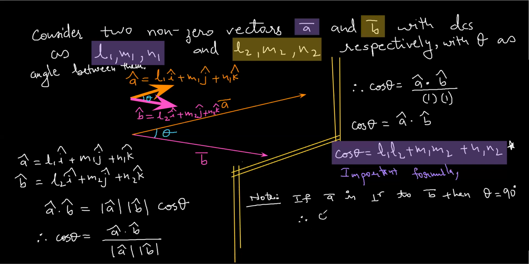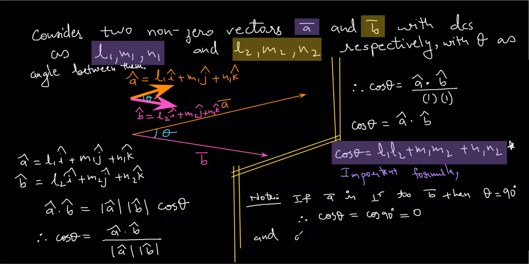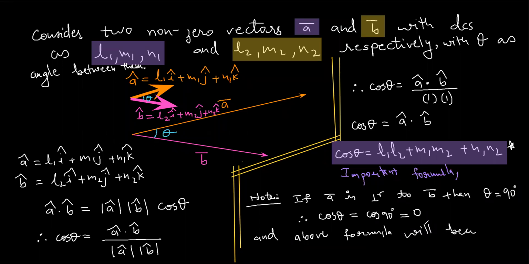That means cos theta will be cos 90 degrees, that will be equal to 0, and the above formula will become, here you will write 0, remember. So you will get L1 L2 plus M1 M2 plus N1 N2 equals 0.